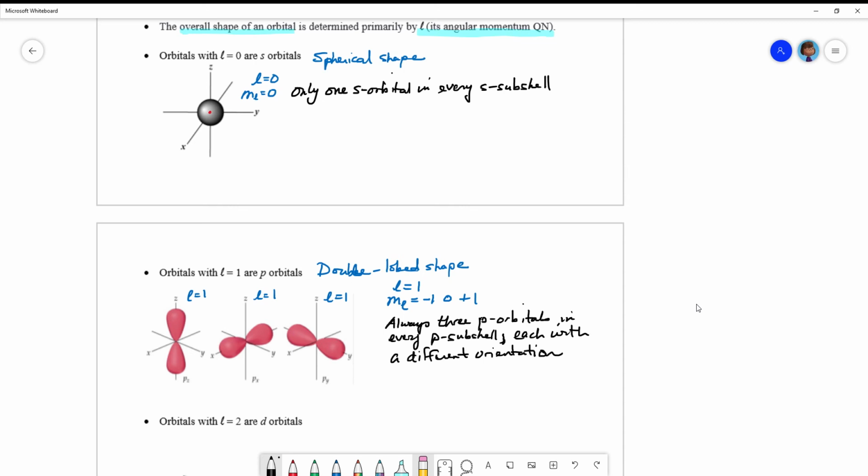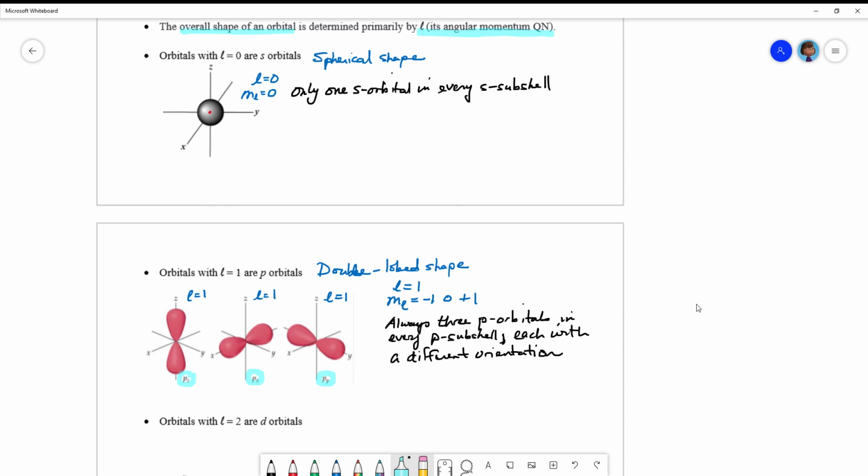Okay. Now, sometimes that orientation is given in the form of the letter designation and a subscript, where the subscript tells us where the lobes are. So this is called the pz orbital. This is called the px orbital. This is called the py orbital. Now, p goes together with an L value of 1.